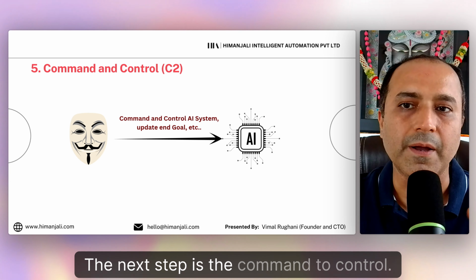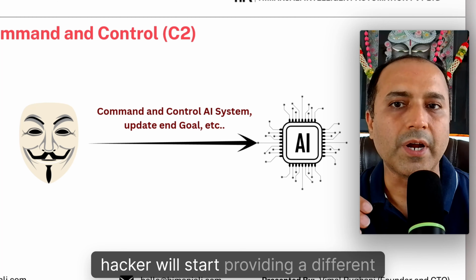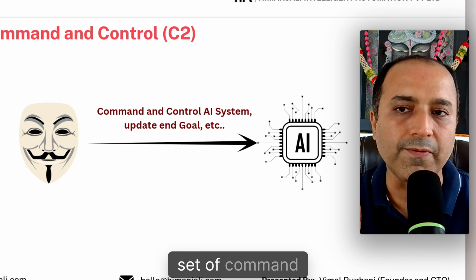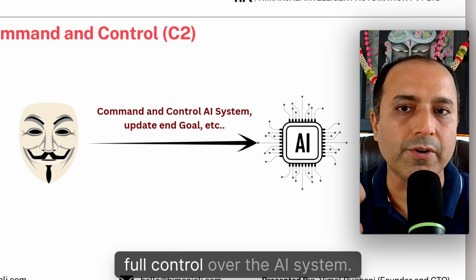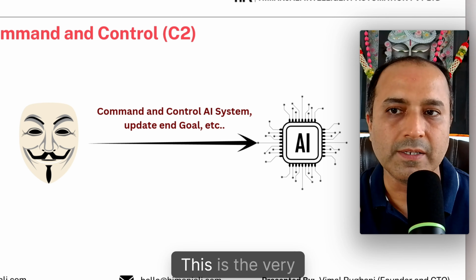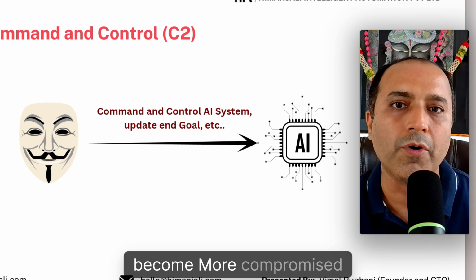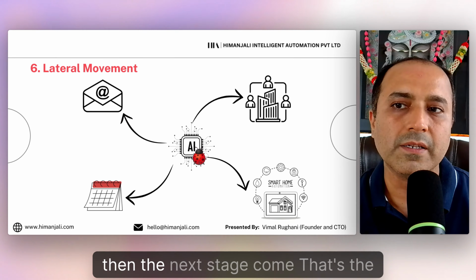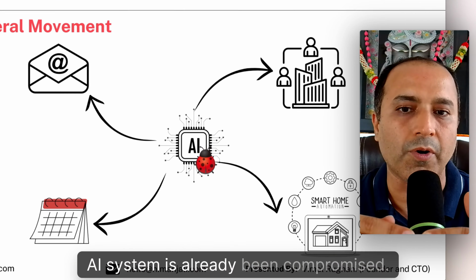The next step is the command and control. This is the step where the hacker will start providing a different set of commands, making sure that it has full control over the AI system. This is a very important part where the AI system becomes more compromised. Then the next stage comes, that's the lateral movement, where the AI system has already been compromised.